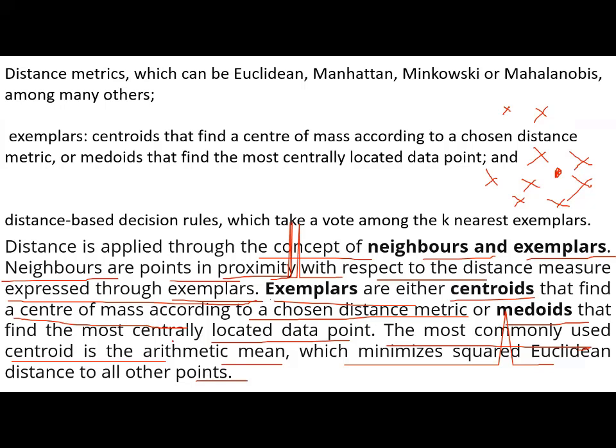That is nothing but the exemplar: either centroids that find a center of mass according to a chosen distance metric, or medoids, where centroid cannot be applied. Exemplars are only two, centroid and medoid.